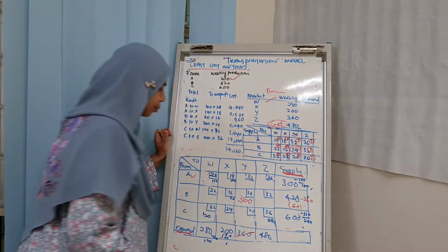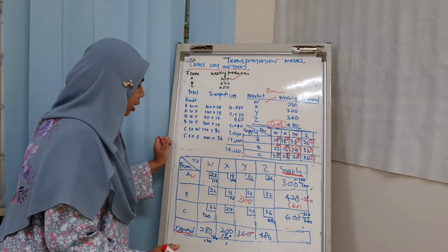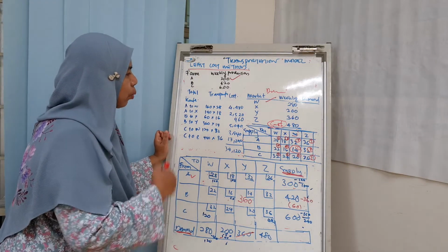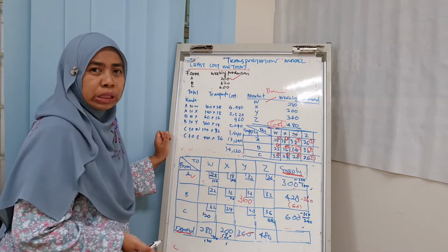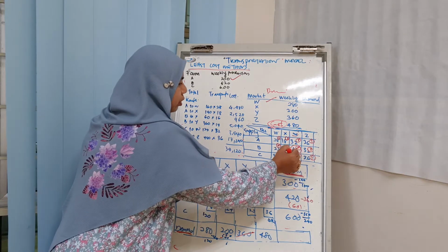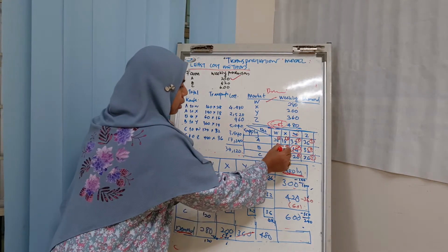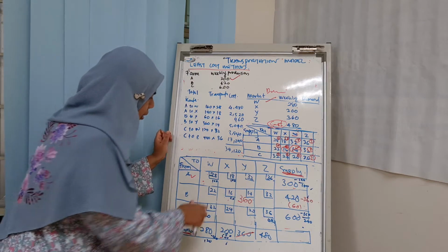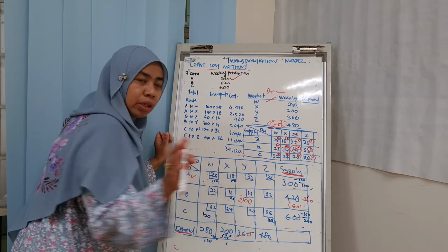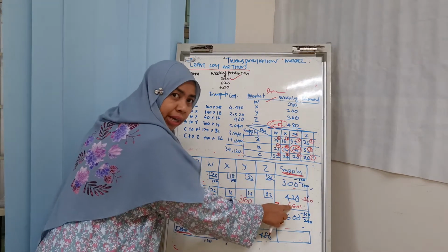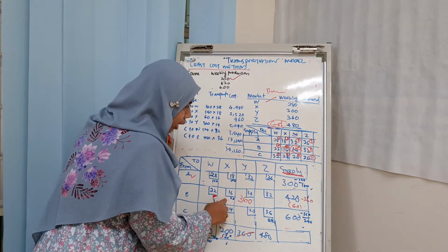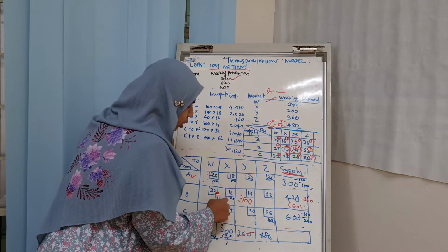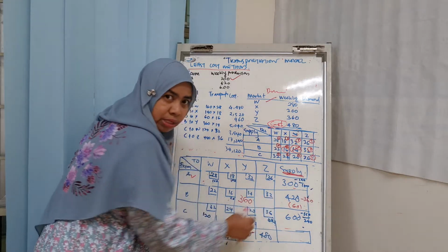And then, what is the second lowest cost? It is 16. Where is this 16? Here. In here, we still have a balance of 60, right? We cannot put 200 because this one is more than the lowest.